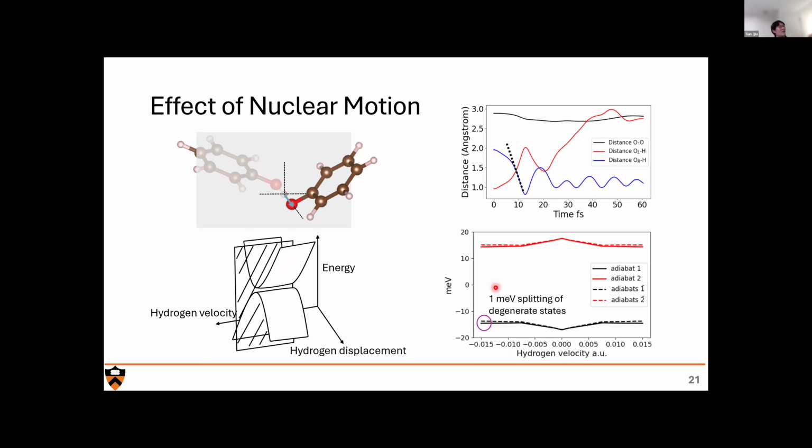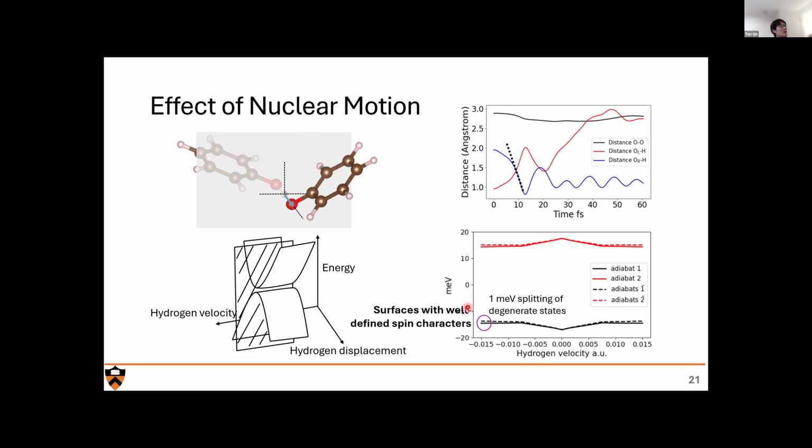Now, we may argue that a 1 meV splitting is not enough to see anything interesting in nuclear dynamics, but the important information is that such a splitting of those previously degenerate surfaces makes things different, such that those surfaces now have well-defined spin characters.